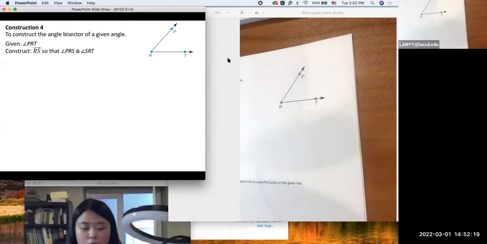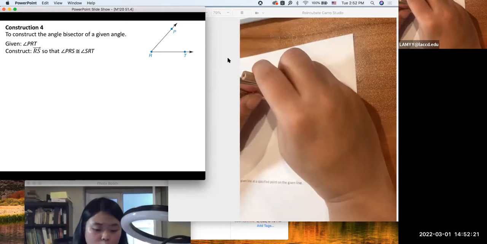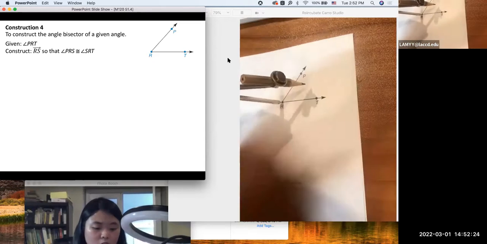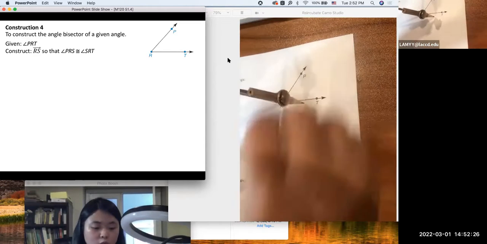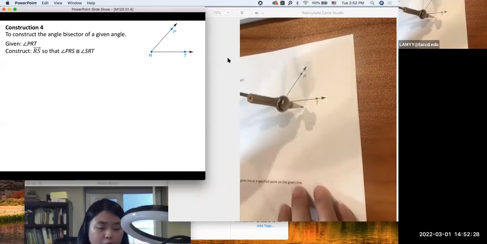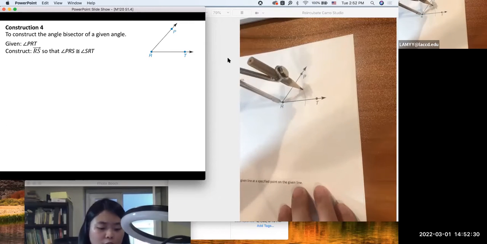Okay, so starting from the R here, we use the R as the point and open a little bit smaller than the PT. Then we draw an arc from R to intersect the P and T here.